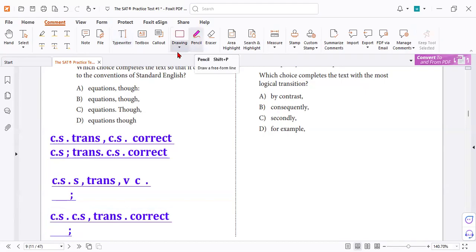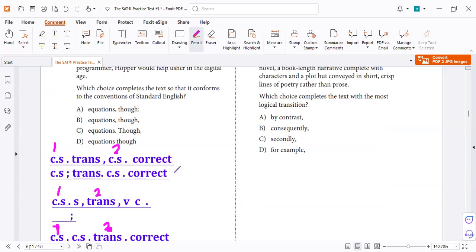So that means the transition word has three positions: at the beginning of the second sentence, number one; in the middle of the second; and at the end of the second. All right.